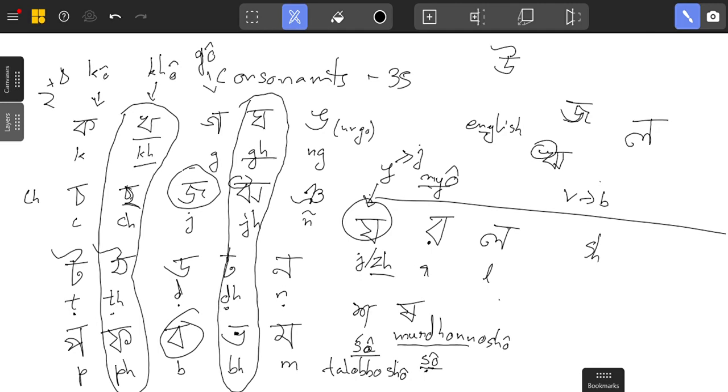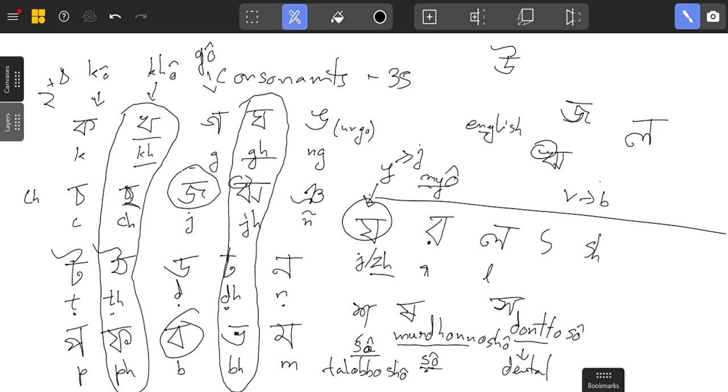Next, very simple, donto saw, donto saw. Donto means dental, which means that you're supposed to, I don't know, just pronounce it as a simple S saw.